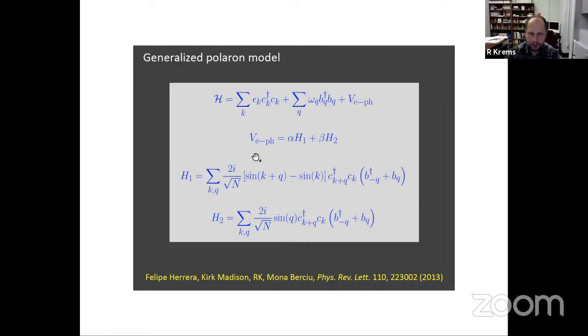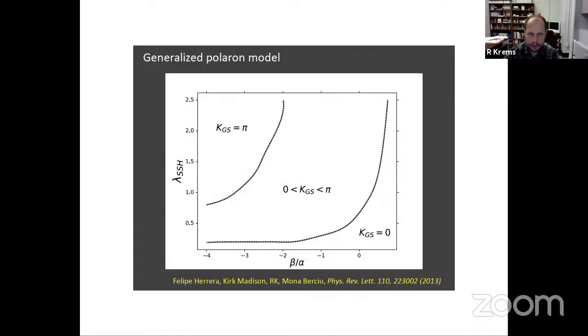So in any case, if you look at the eigenstate of the Hamiltonian that describes a polaron with these two types of couplings, and if you look at the properties of the polarons, they're going to exhibit two sharp transitions as a function of the coupling strength and the ratio between the two types of couplings.